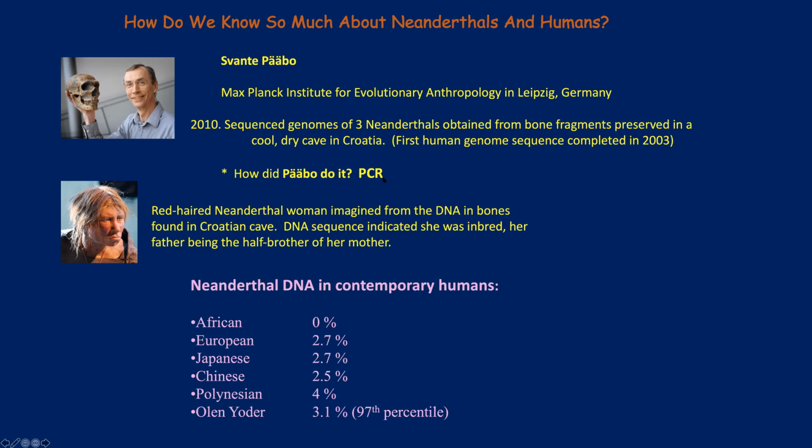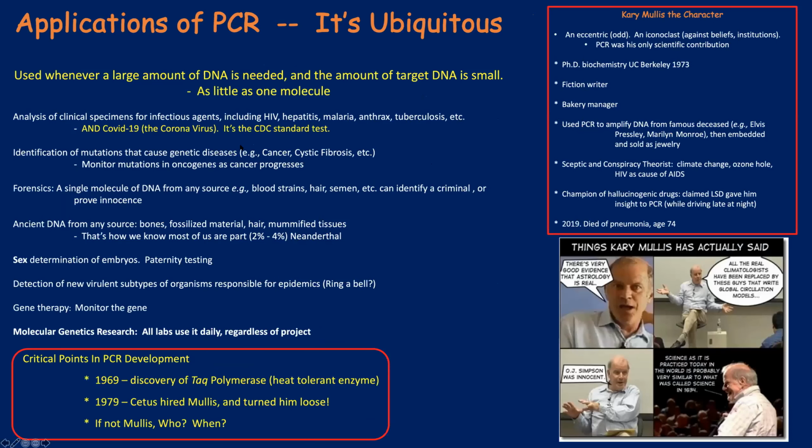So he used PCR to generate the entire coding sequence of Neanderthal people. So that's a very powerful use, getting DNA from fossils, mummies, sex determination, and so on.